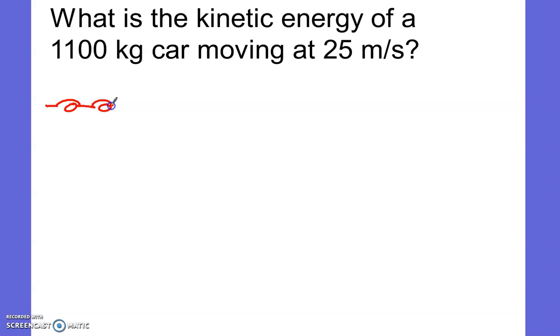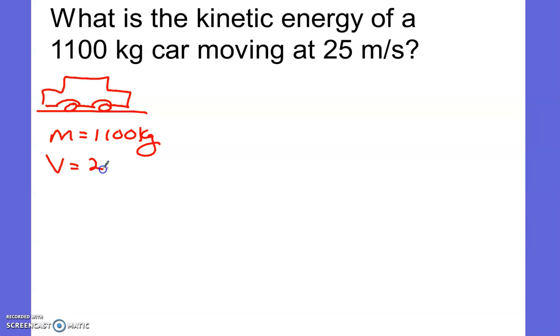We start by drawing our picture. We write down our givens. The 1,100 is the mass. The 25 is our speed. And we want to find the kinetic energy. We have our formula.